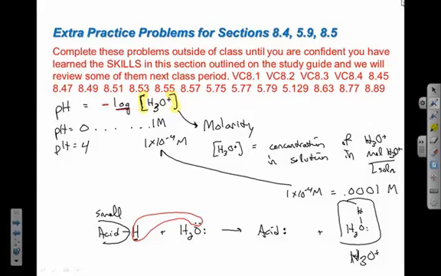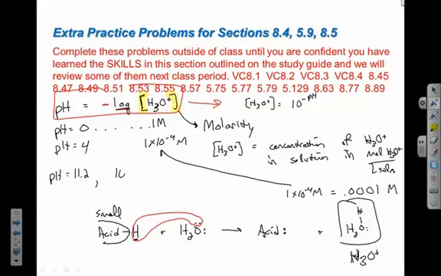Likewise, if I know the pH, I can determine how much H3O+ there is. Let's say the pH is 11.2. How do I figure out how much H3O+ is in solution? I would take this formula and rearrange it. Solving for H3O+ molarity, I get 10 to the negative pH power.